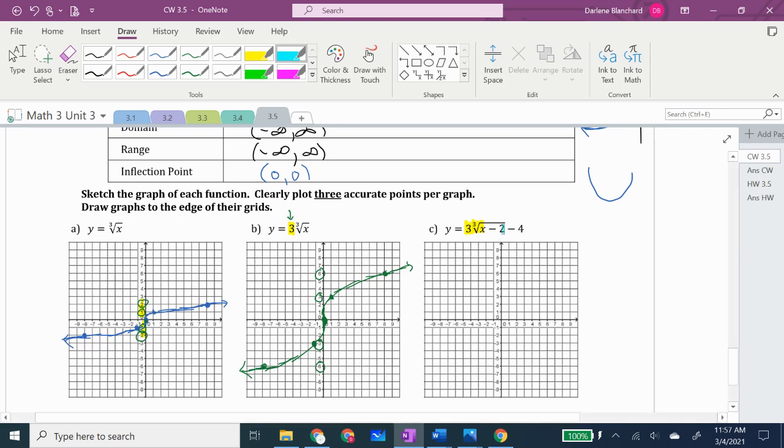And now all that's left is addition, subtraction. Inside the cube root, x is being subtracted by 2. That means I need to add 2 to all of my x values, which you know more as move it right 2.